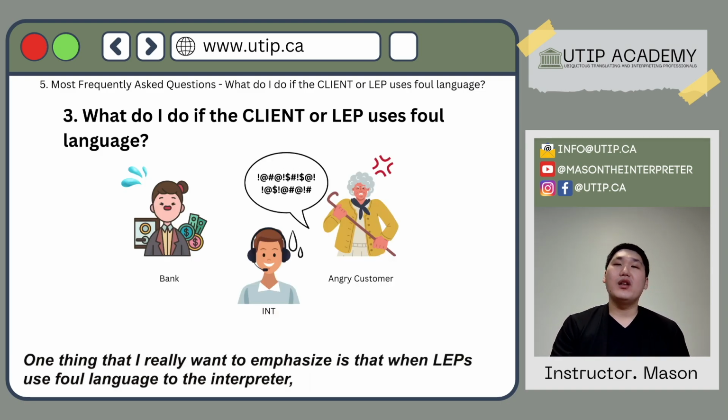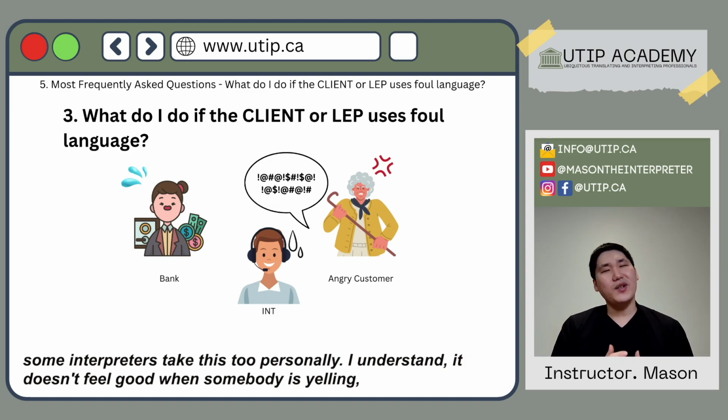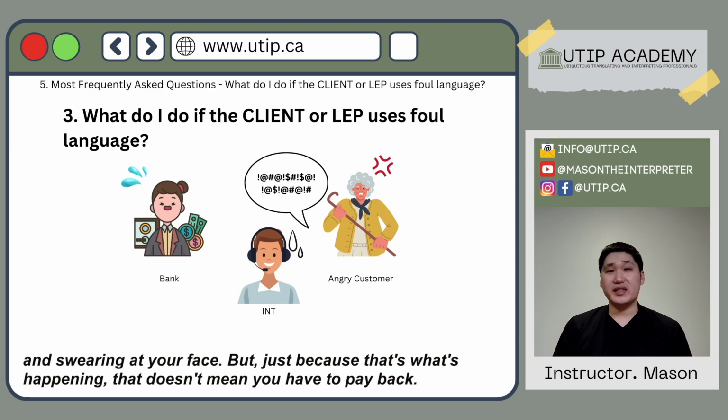One thing that I really want to emphasize is that when LEPs use foul language to the interpreter, some interpreters take this too personally. I understand it doesn't feel good when somebody is yelling and swearing at your face, but just because that's what's happening, that doesn't mean you have to pay back.